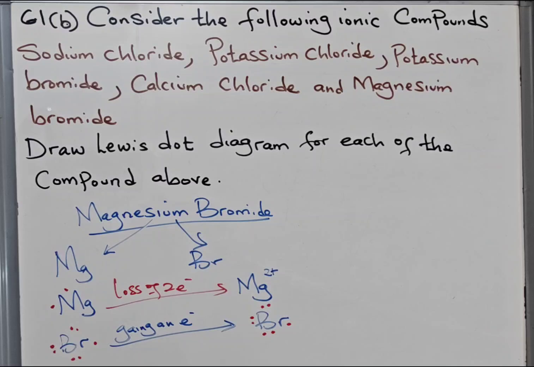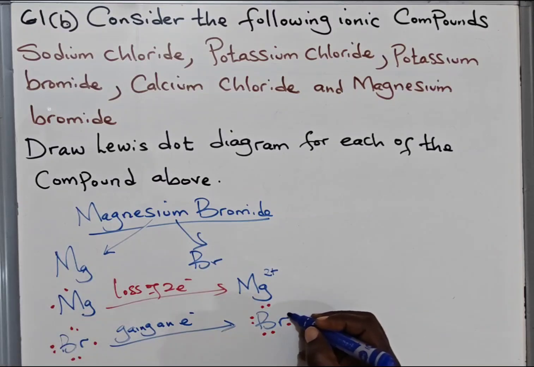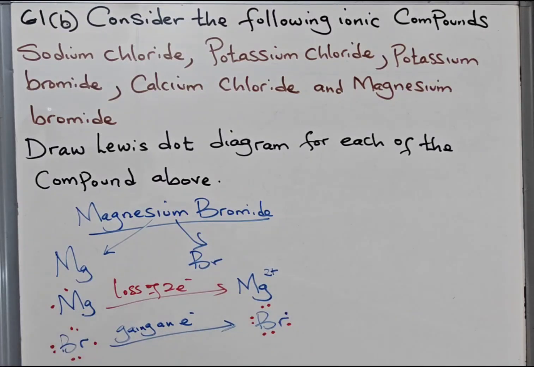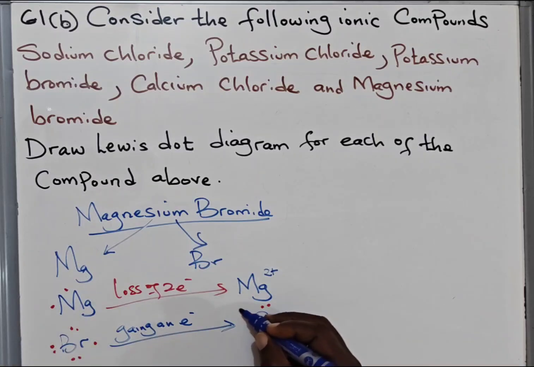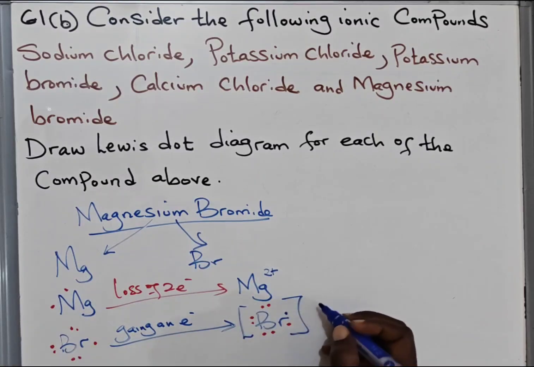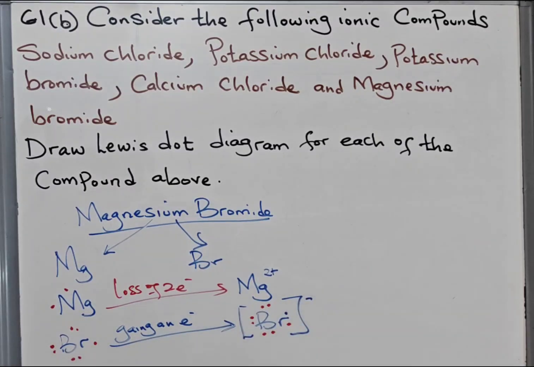But we have to remember that it gained 1 more, so it is there. And in gaining an electron, it attained a negative charge. So conventionally we're supposed to put a bracket here with a negative charge there.